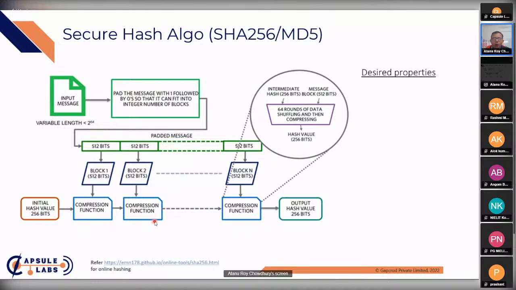So for every iteration, the information in the previous block is transmitted in some modified form into the subsequent block. Because the output of every block is again a 256-bit value, the final output will also be a 256-bit value.